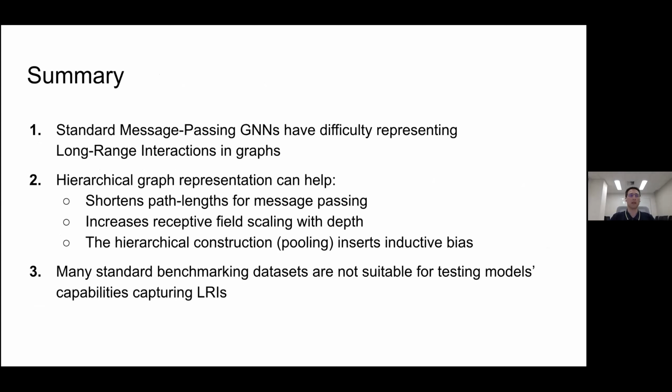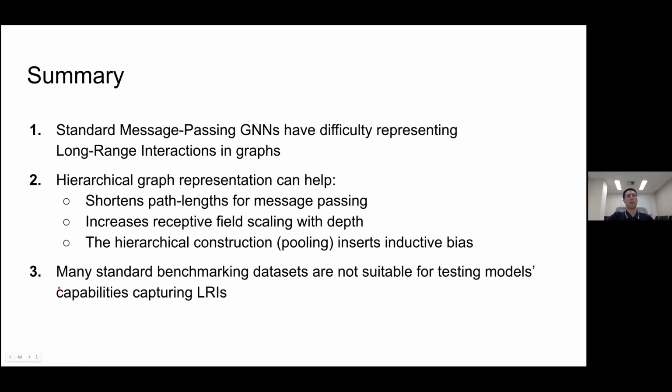It then also increases the rate with which the receptive field grows as the network gets deeper. And we can also insert some kind of inductive bias about the data into the model by choosing the right type of pooling, or designing one that is most flexible, but it's definitely another kind of hyperparameter in a way.